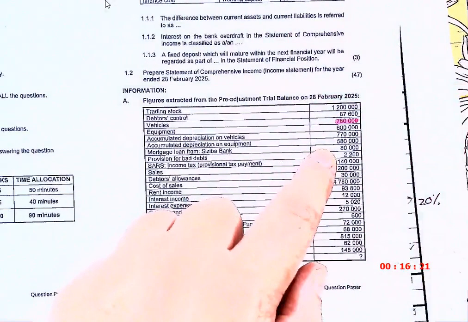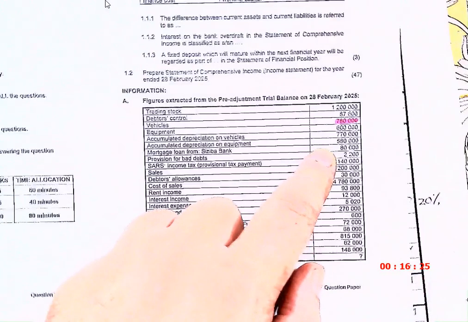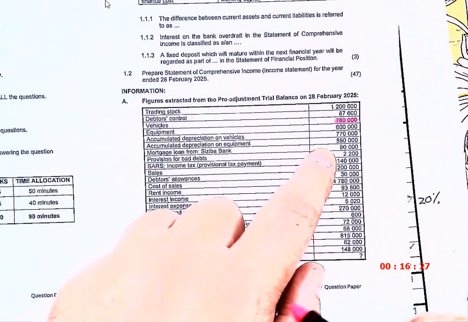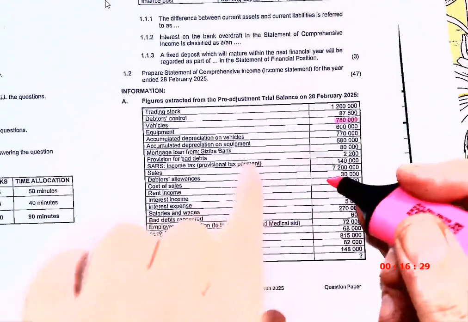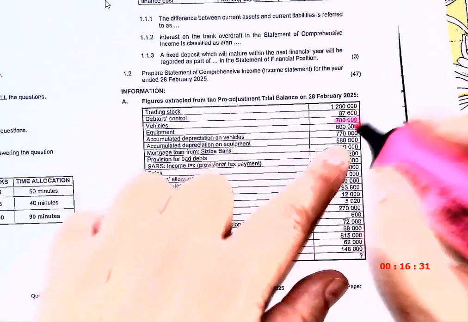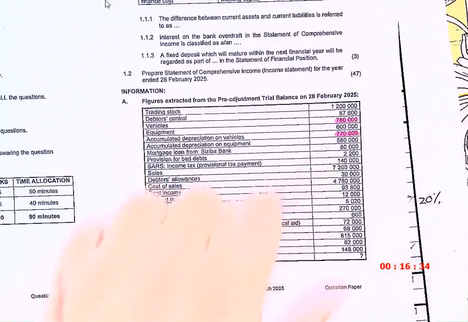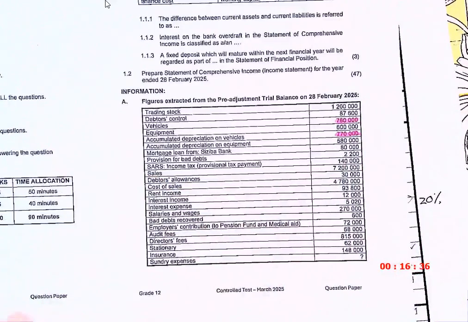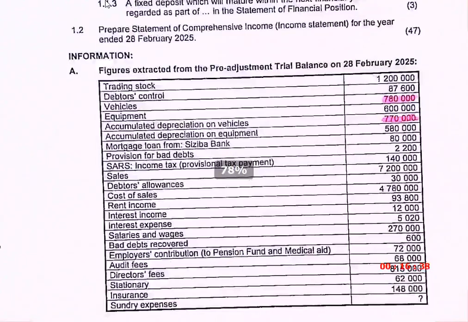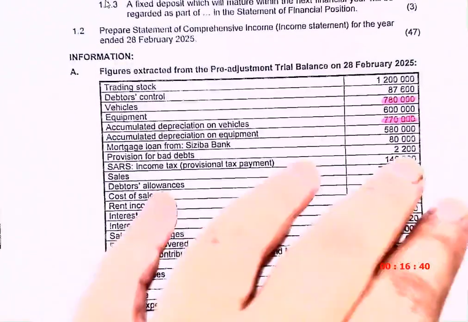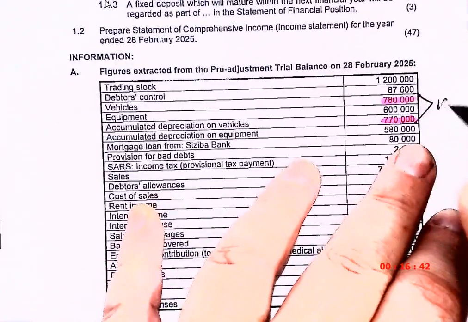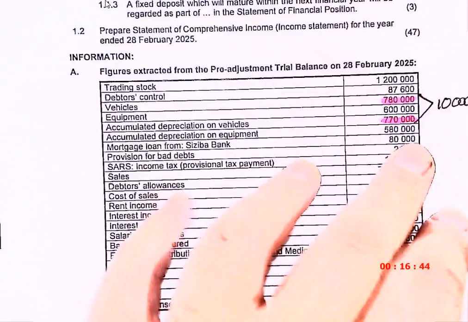And now I just want to check. I'm not going to say 780 times 15%. I'm going to first check what was the accumulated. And immediately I see there, oh my goodness, here's a problem. Because the carry value is only 10,000.